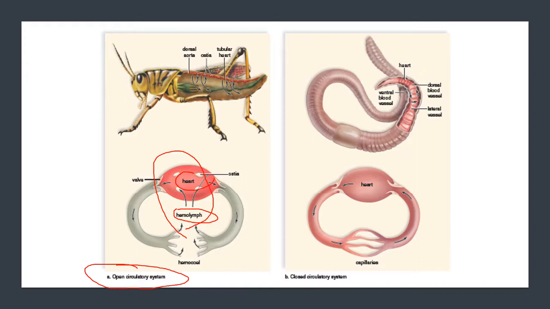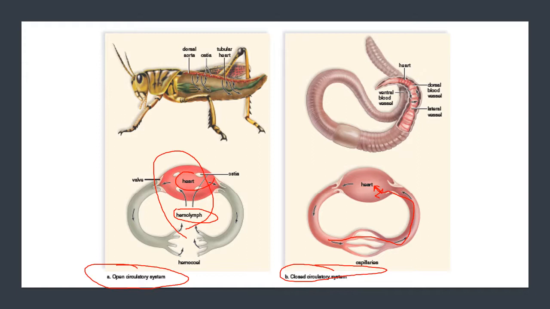Now that's different from a closed circulatory system. In this case, we're looking at that in terms of our earthworm in phylum Annelida, our segmented worms. In this case, they use blood, and it's all contained within these vessels. So the vessels then are on the exterior of the heart, also sometimes in the interior, and the exchange occurs across the blood vessels.